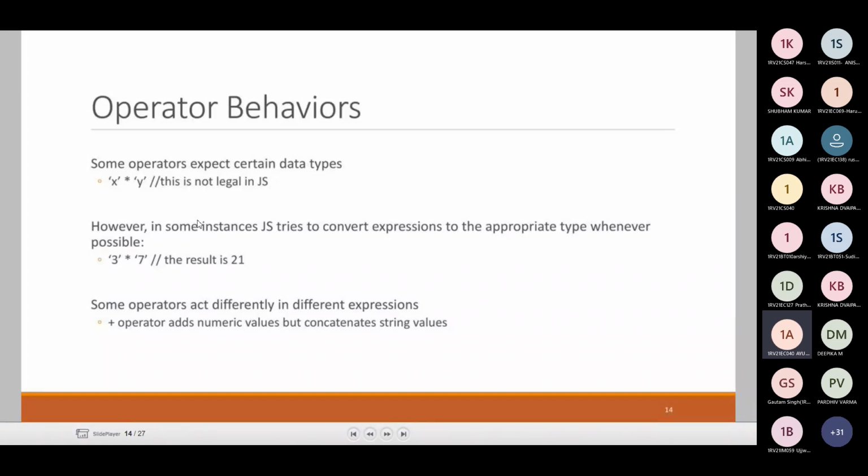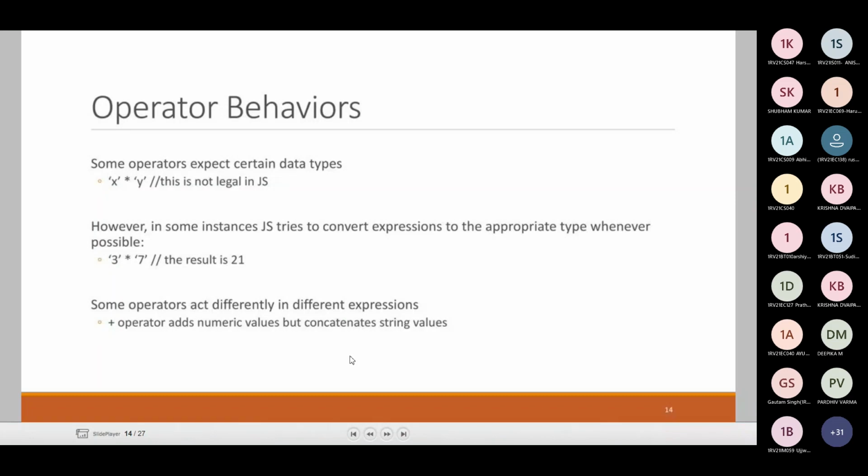But in the case of numbers, in some instances, JavaScript tries to convert expressions to the appropriate type whenever possible. Like you can do this with numbers, but not alphabets. There's one more important thing written down here, which is that the plus operator adds numeric values but concatenates string values.